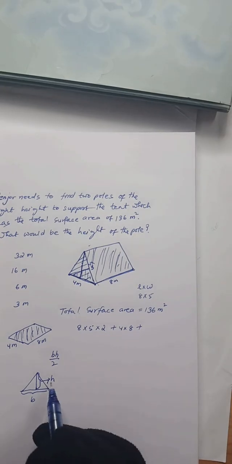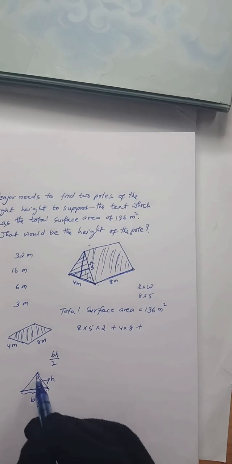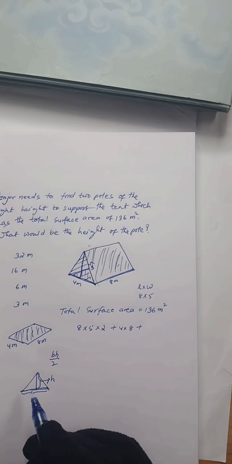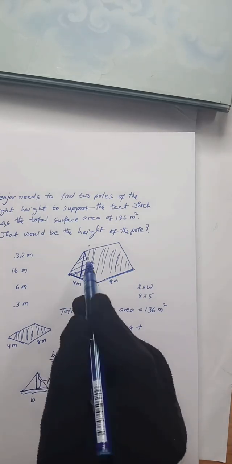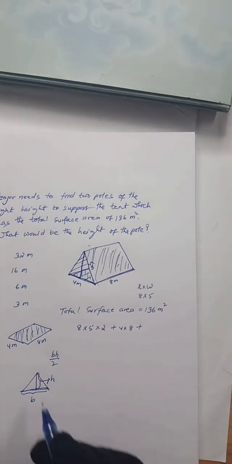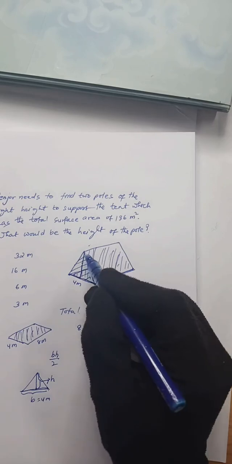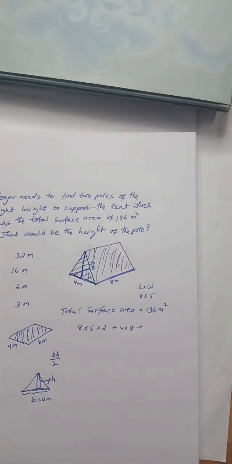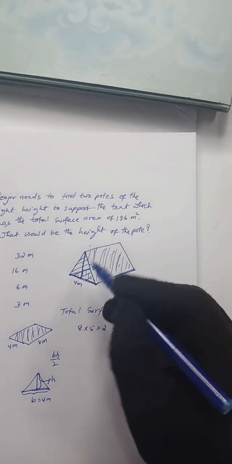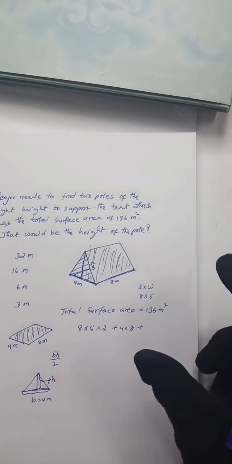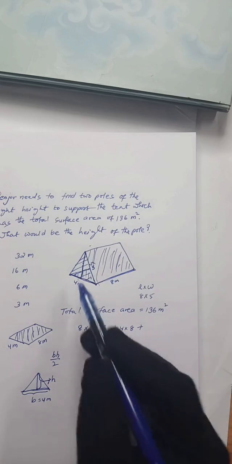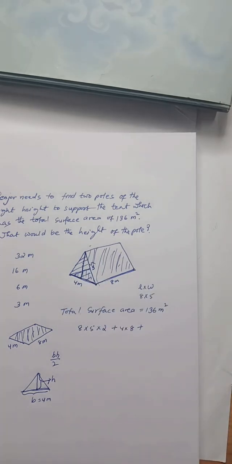Two pieces of information: the first one is your base and the second one is your height. I know that if I take this triangle out, the base is equal to 4 meter, but the height is not given, which we need to find. And this height is going to be equal to the height of the pole that we need in order to support this tent.